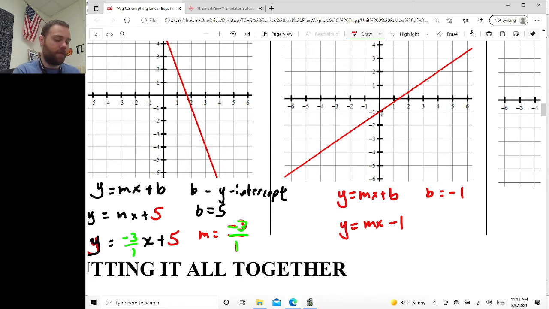And then from that negative 1, I'm going to look for the next point. So the next point that this line crosses through, next defined point, really obvious point, is right here. Okay? So from negative 1, I went up 1, 2, 3. And that's positive, so that's a positive slope.